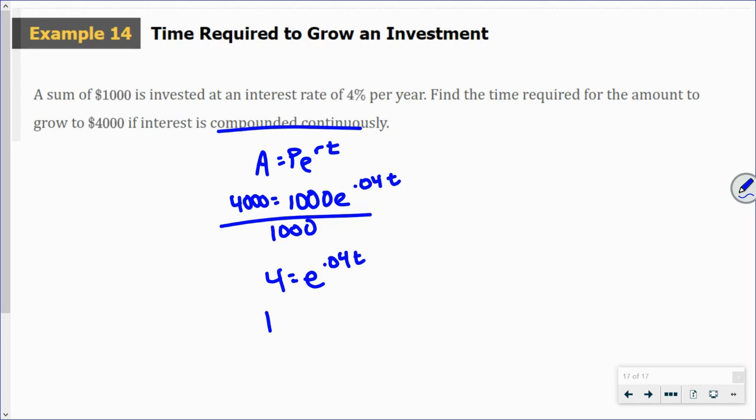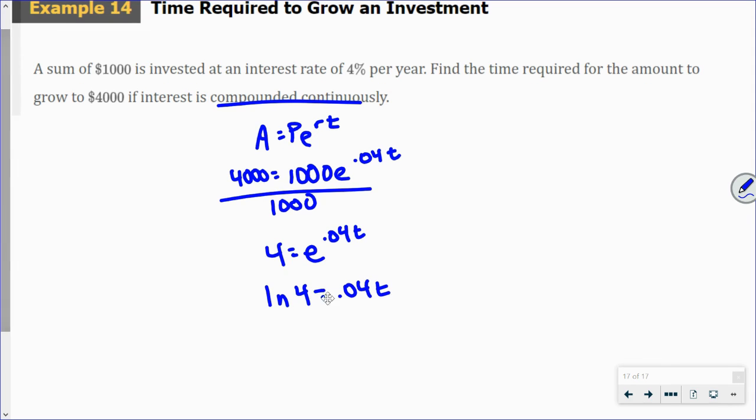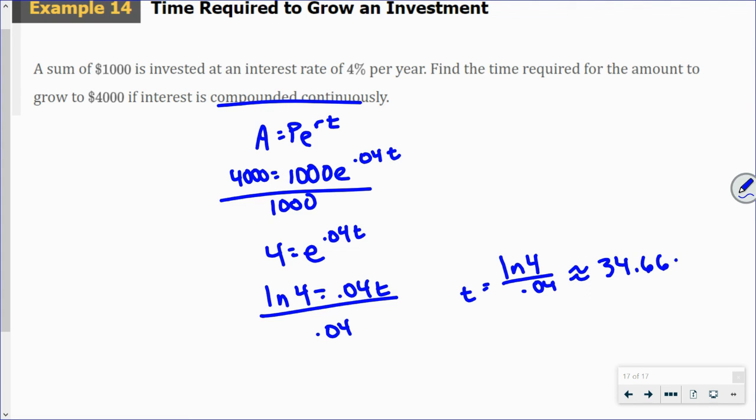Rewrite it as logarithmic. So ln 4 equals 0.04 t. And then divide by 0.04. So t equals ln 4 over 0.04, which is about 34.66 years. Okay, so 35 years to go from $1,000 to $4,000.